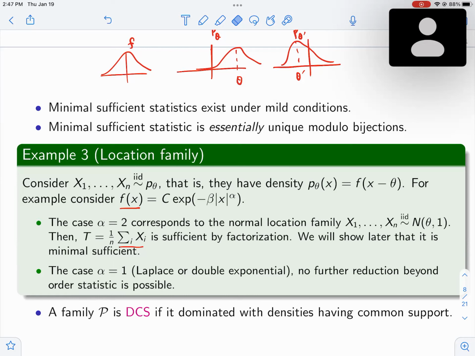For the Laplace case, we know that the order statistic is sufficient. We just argued that because this is an example of an IID case. What we'll see later is that no further reduction is possible. So the order statistic is minimal sufficient. It might be a surprise, but just changing alpha from 2 to 1 makes the family a lot more informative.